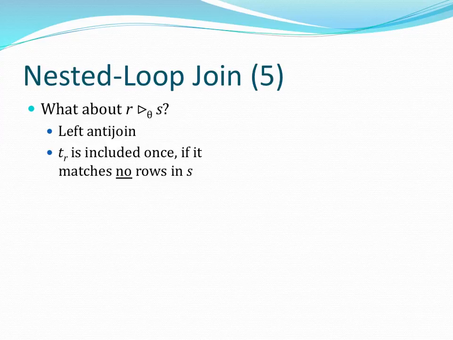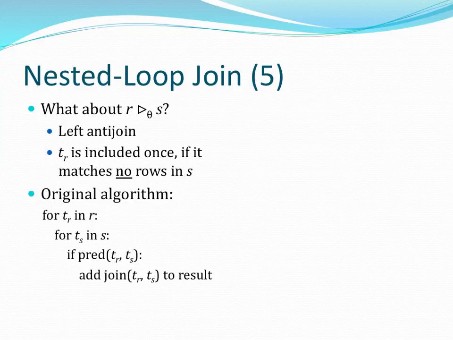Now, what about left anti-join? So T sub R is included once if it matches no rows in S. And I have a feeling my implementation is too complicated again. Yeah, so this is kind of an interesting one.